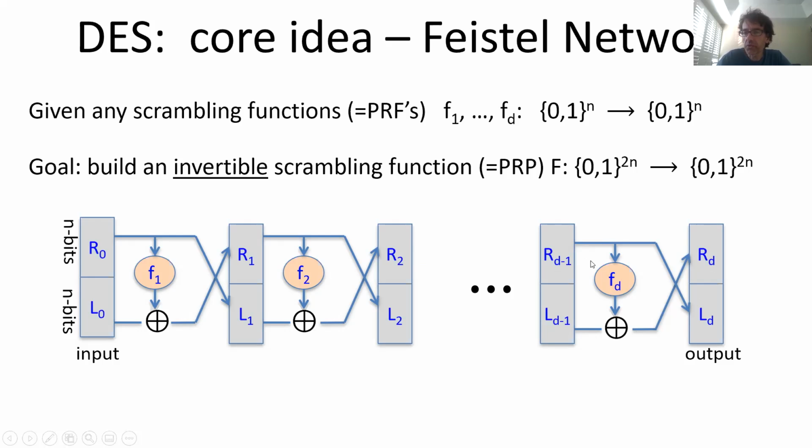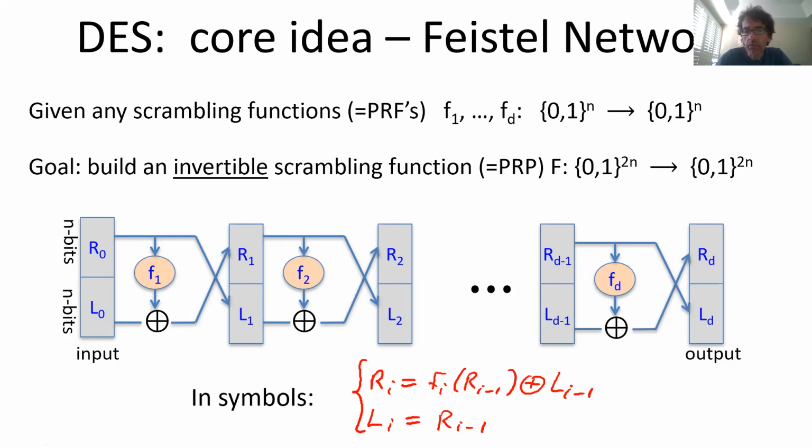If you look at the circuitry, going backward and going forward is actually an identical circuit. All you do is replace the order in which these permutations are done. So rather than starting with F1 and ending with FD, you go backwards. In other words, the circuitry is the same. Okay, so that's the recursive procedure in short form.